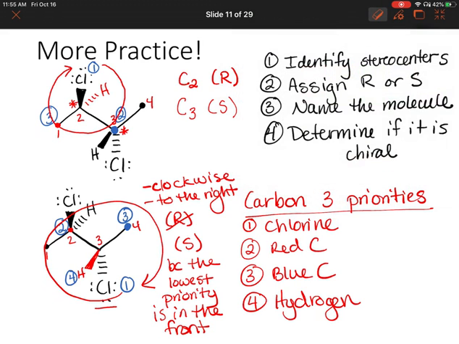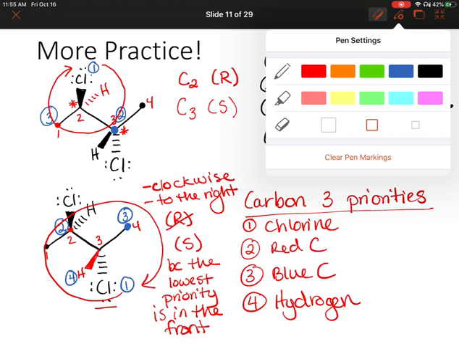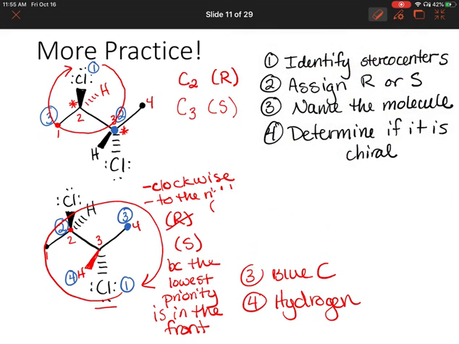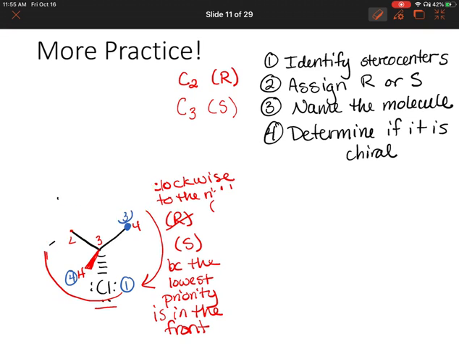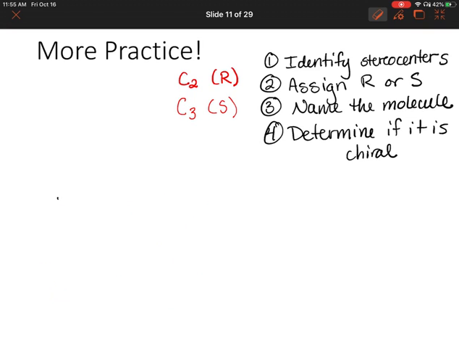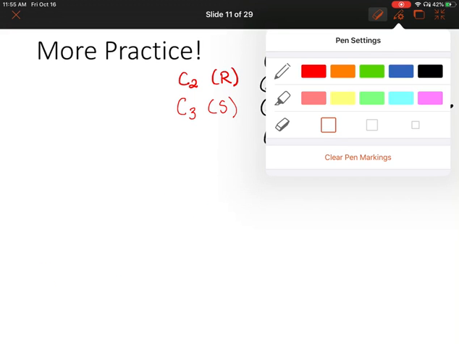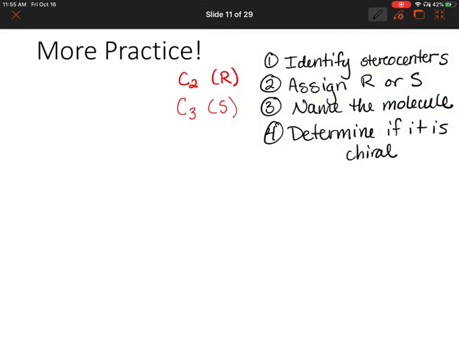All right, so I'm just going to erase these drawings, and I'm going to redraw the molecule, and then we'll name the molecule. And you can always go back and rewind the video if you want to go over some of those assignments again.